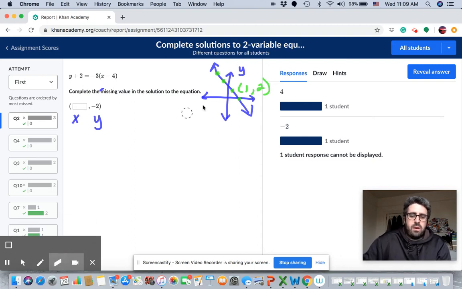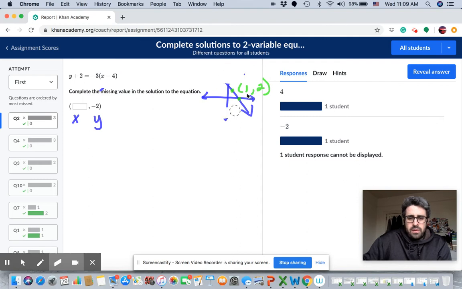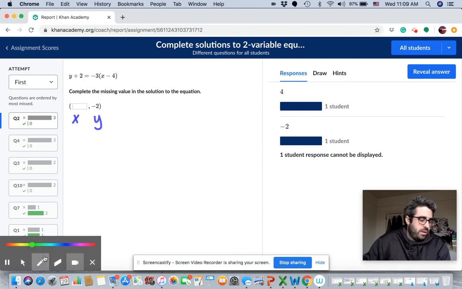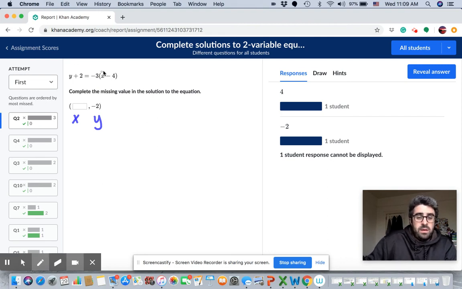All right, so I'm going to erase this. So we're just looking for the other coordinate. So in this case, you're given the y coordinate, but you're asked to find the x coordinate. So all you got to do to figure out the x coordinate is plug in y. So wherever we see a y in this equation, we're going to replace it with -2.